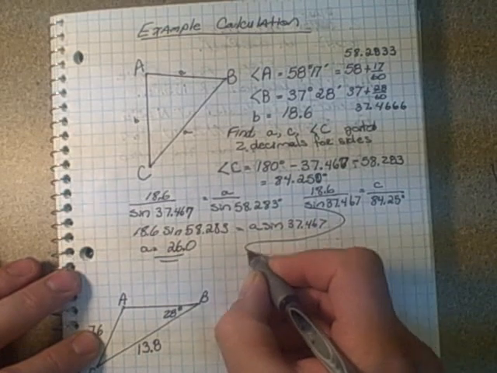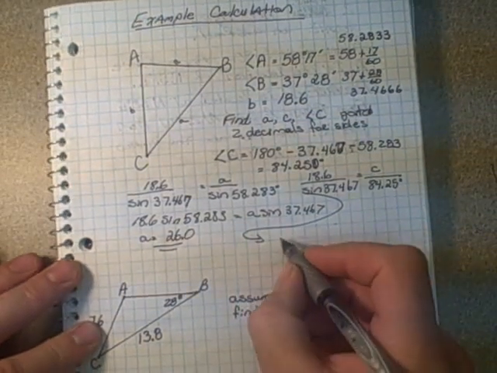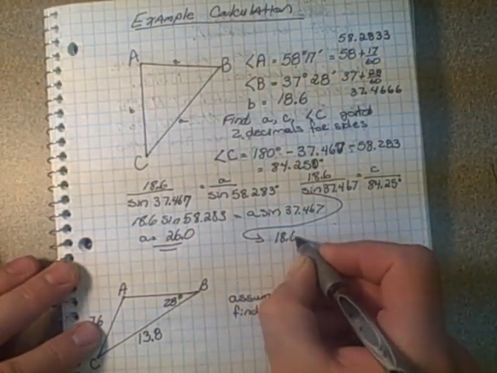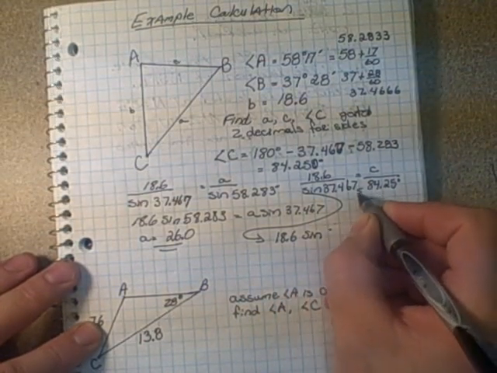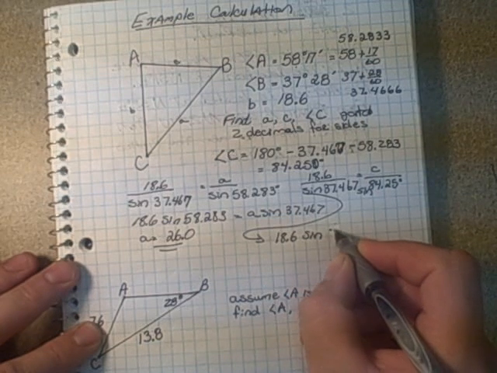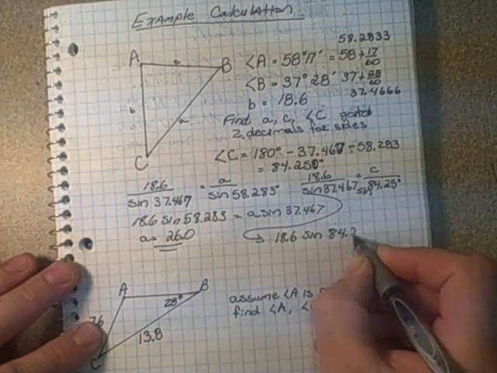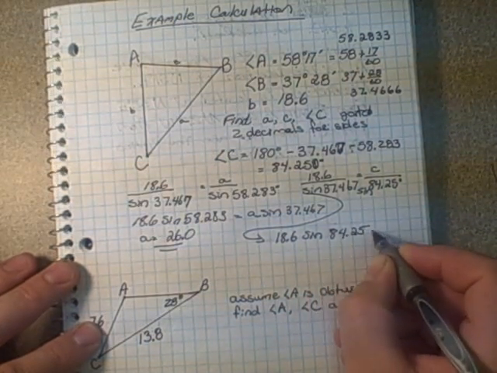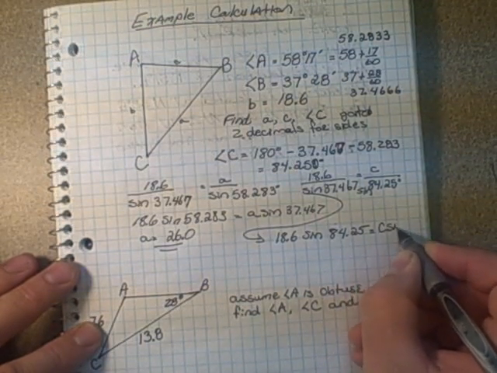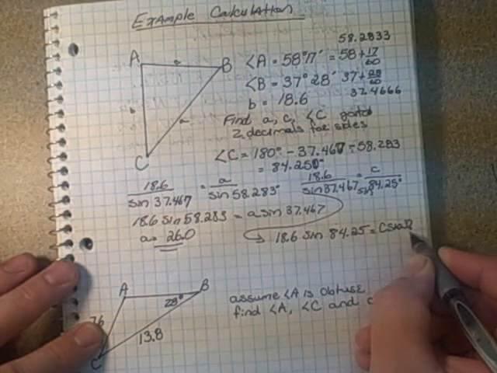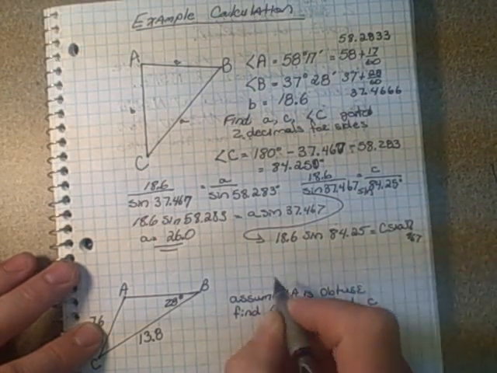So this would be 18.6 times sine, see, I forgot to put sine there, sine 84.25 equals C sine 37.467.